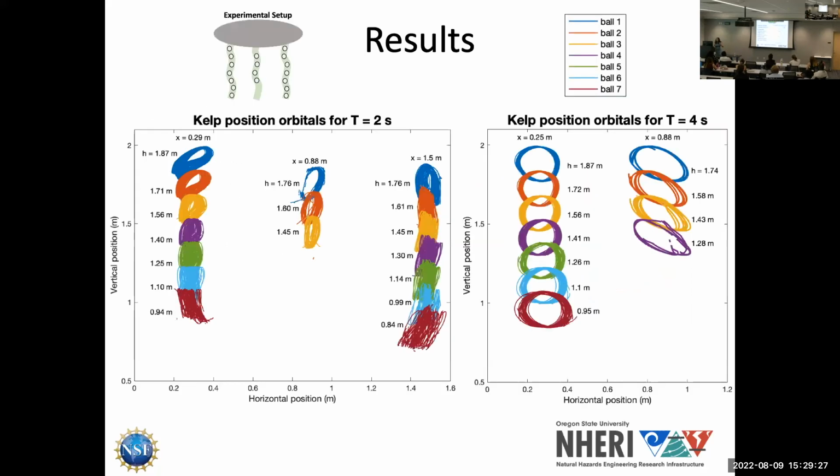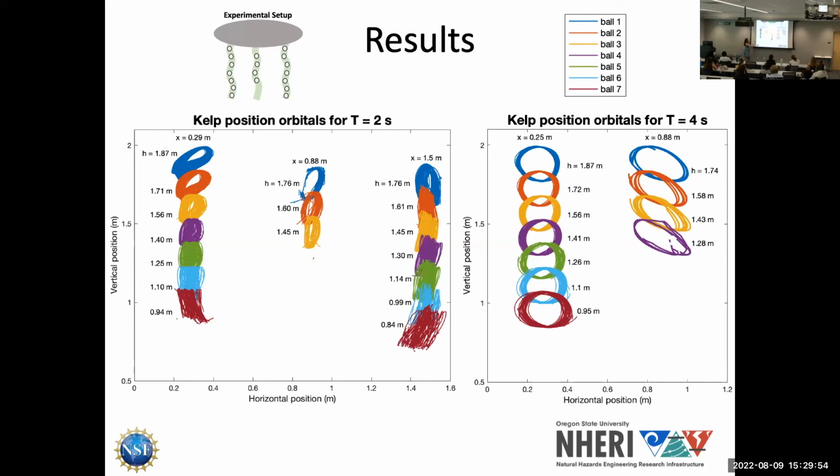And here's the overall data. First, the position orbitals, this is kind of the raw data. This is all I was able to process, this number of balls. As you can see, there's a lot going on here. There's a lot of variability. Just taking it most basic, between T equals 2 seconds and T equals 4 seconds, the behavior of the kelp is obviously different.